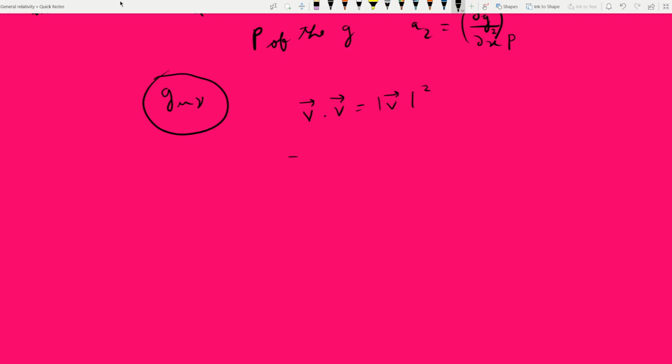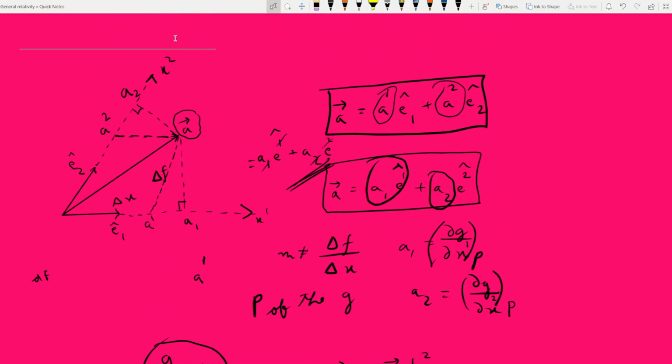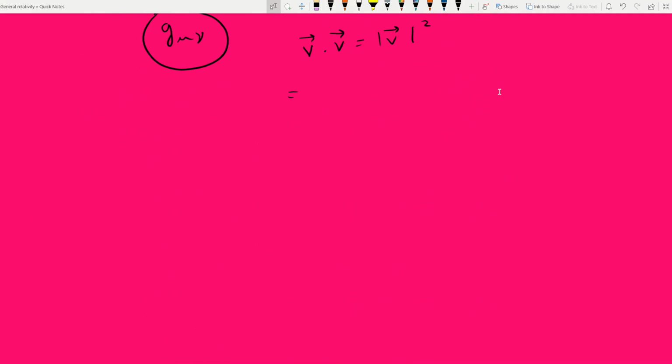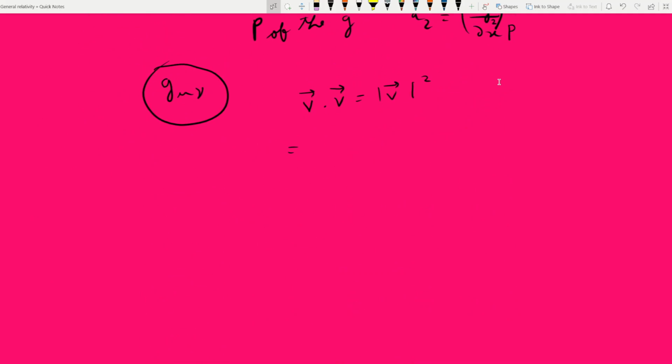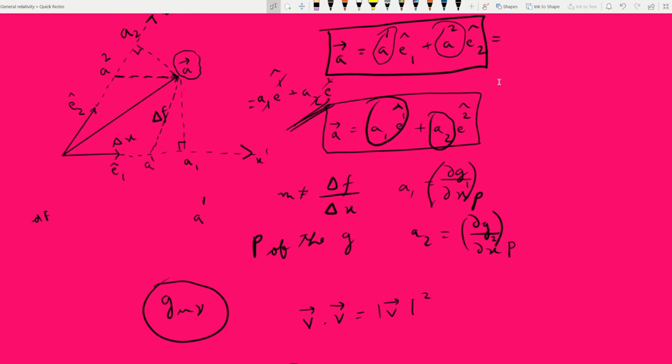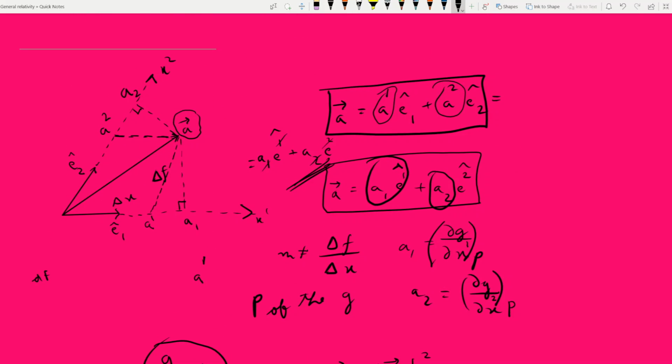If we take the dot product, we can write our vector v in terms of its covariant and contravariant components, see this part right here. Now v is just a normal vector, say displacement or velocity. So we can write them in this notation.